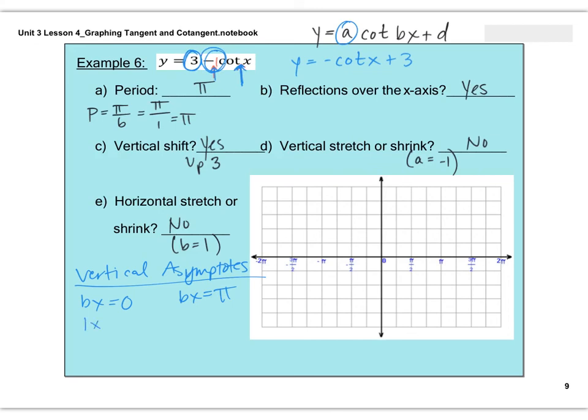So we're going to have 1x equals 0, divide both sides by 1, x equals 0. And plug in a 1 again for your b, 1x equals pi, so x equals pi. This makes sense to me. Our period didn't change, so our vertical asymptotes shouldn't change. They should still be at 0 and pi. Draw those in. Looks like it's every 4 boxes.